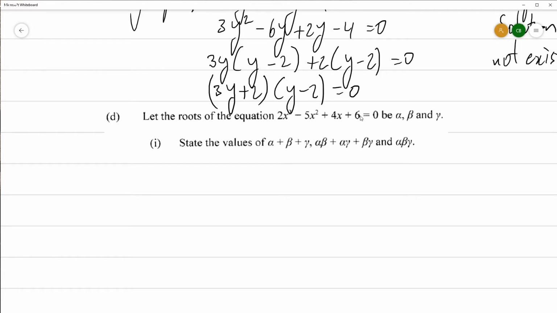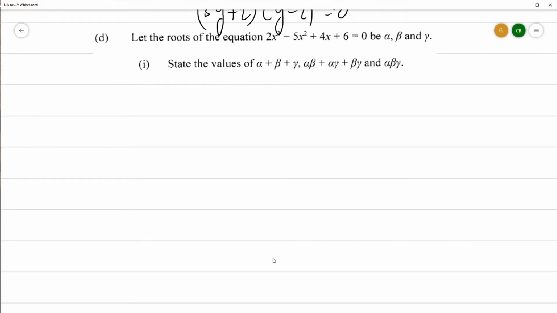So for a general cubic equation of the form ax cubed plus bx squared plus cx plus d, these are the coefficients of this cubic equation.